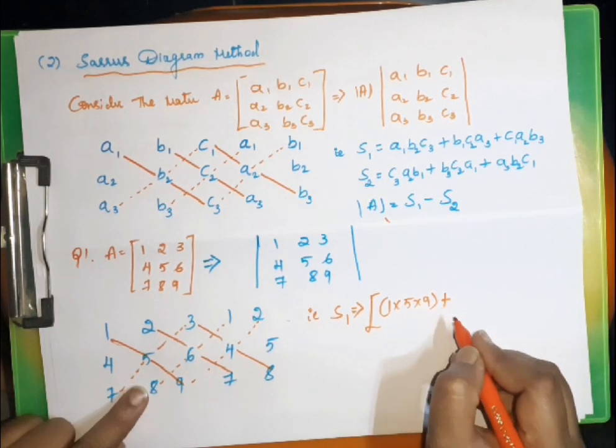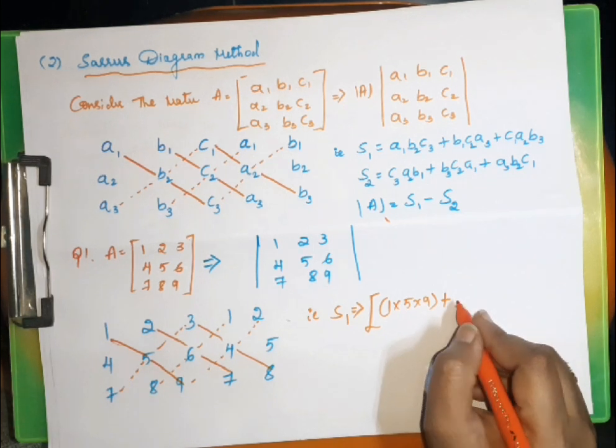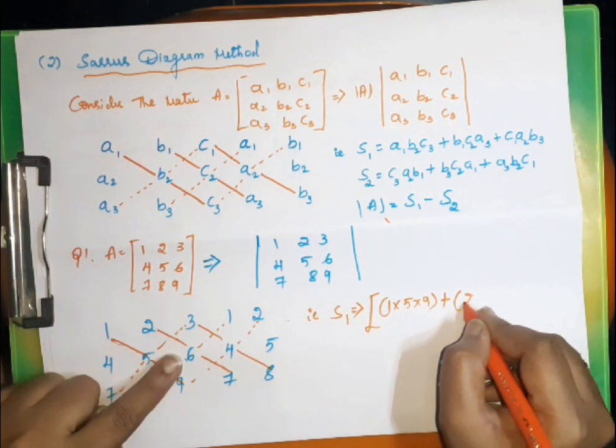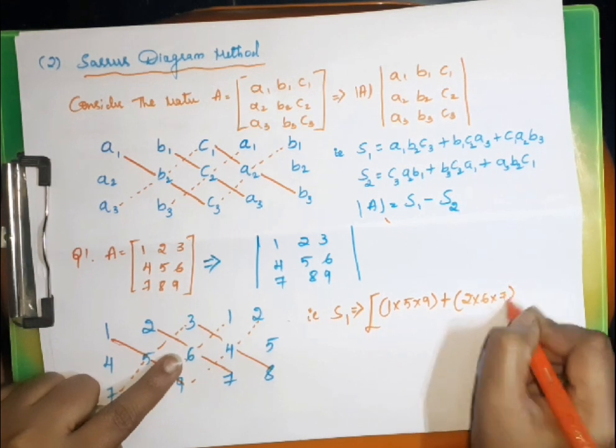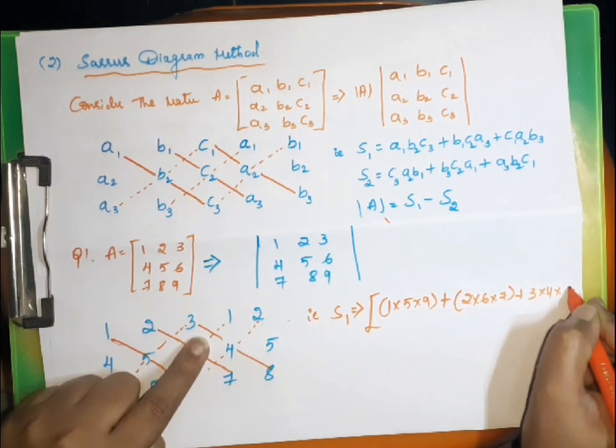We are using plus sign here in between. There we are using negative sign, that you have to keep in mind. 2, 6, 7 plus 3, 4, 8.